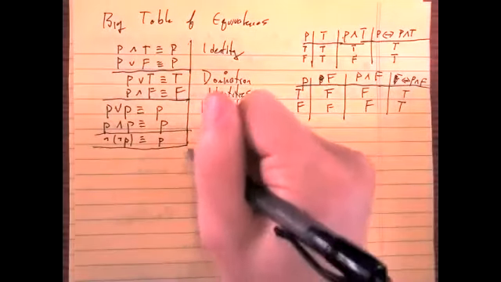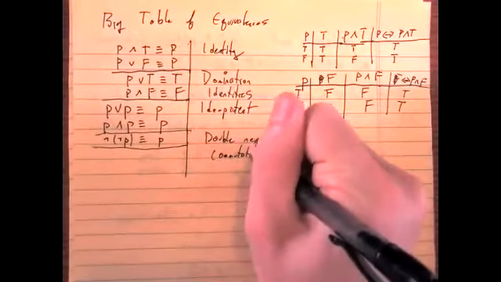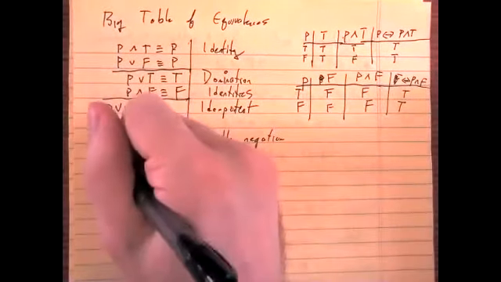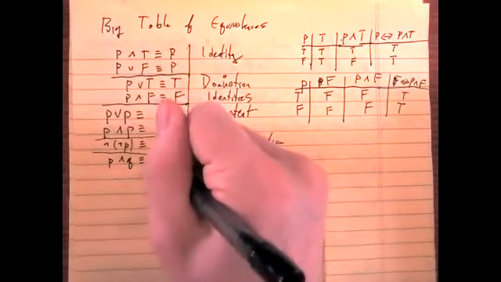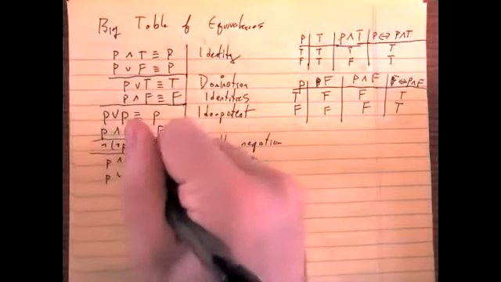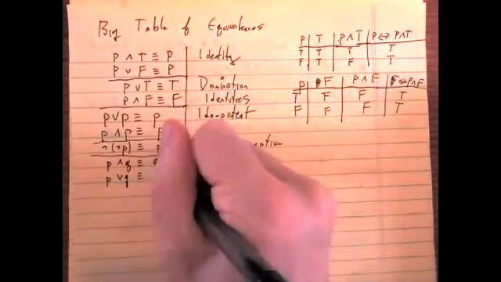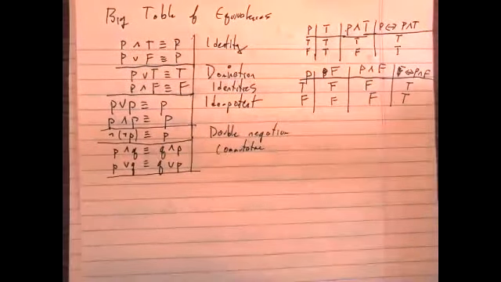And then here we have the commutative laws, or commutative equivalences. So P and Q is equivalent to Q and P, and similarly P or Q is equivalent to Q or P. Once again, this is done via truth tables, but these are very easy to see, so I won't show these.